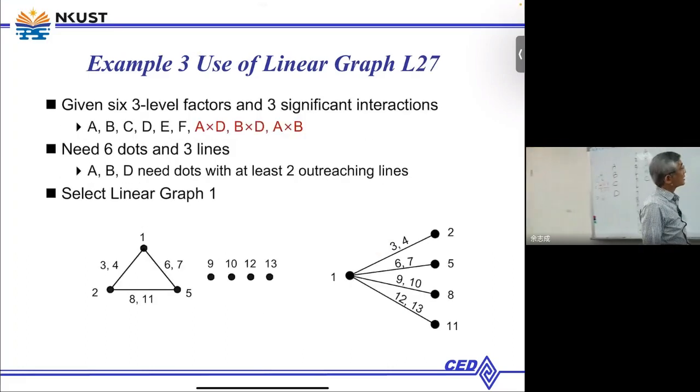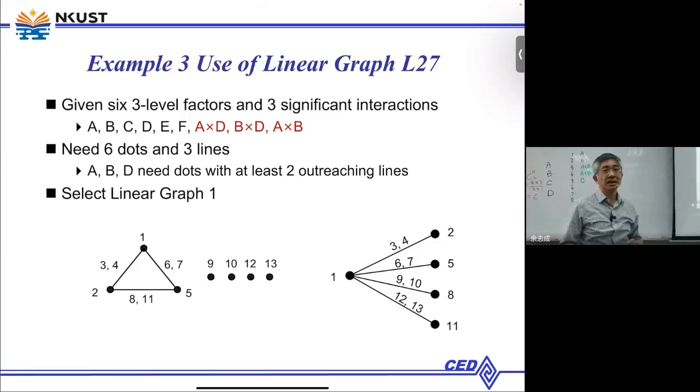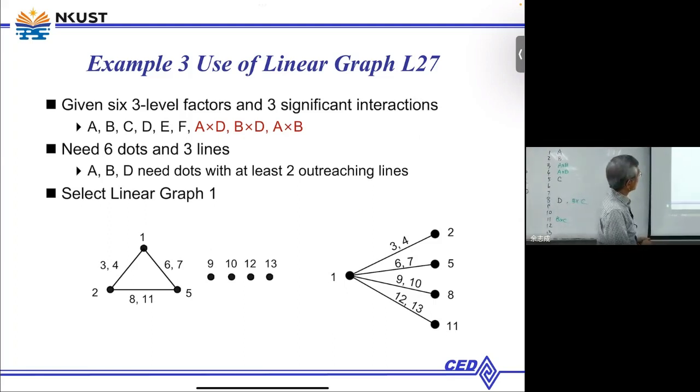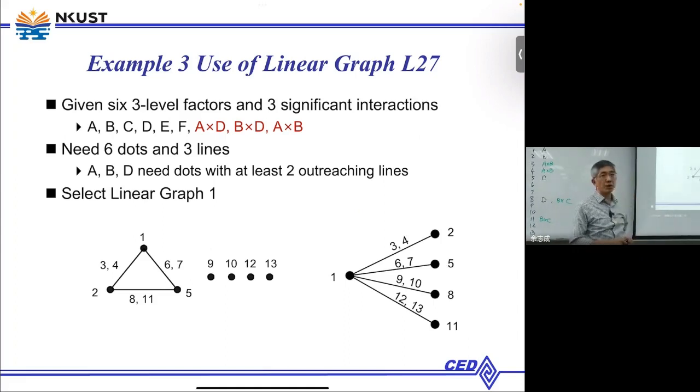Next, let's try to arrange the design for 3-level factors. The question tells us that we have 6 three-level factors, A, B, C, D, E, F. And also we have 3 important interactions, here AD, BD, and AB.